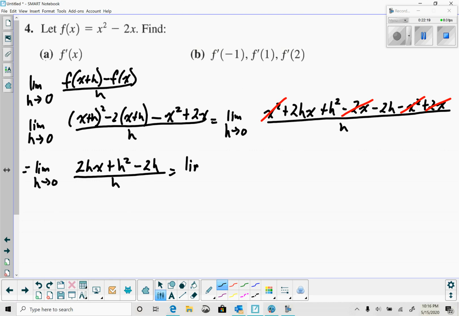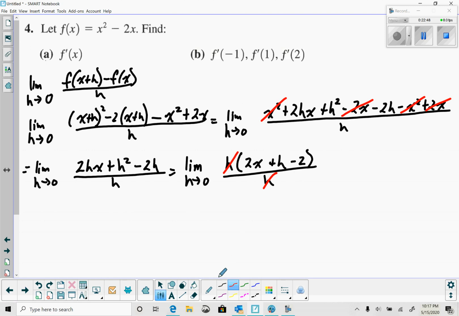Now, yes, I'm going to take this silly step. Don't want to lose anybody. In the numerator, everything has an h as a factor. They're multiples of h. I'm going to factor that out. 2hx divided by h will give me 2x. h squared divided by h is h to the first. Minus 2h divided by h is minus 2.